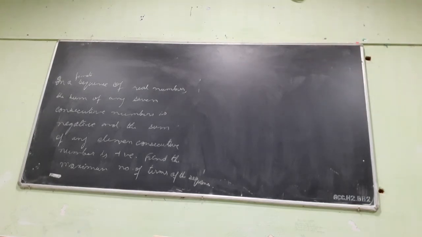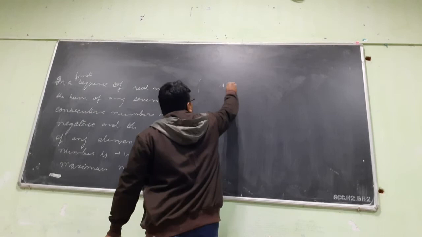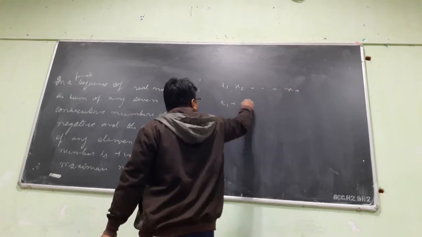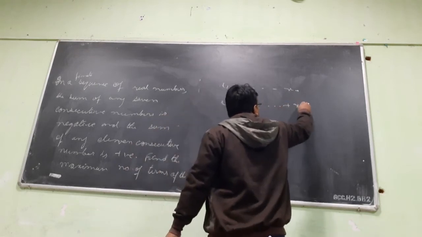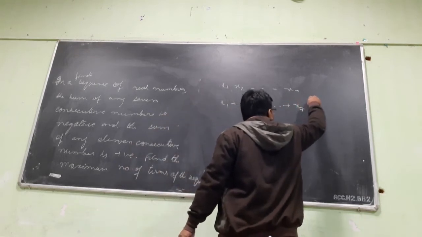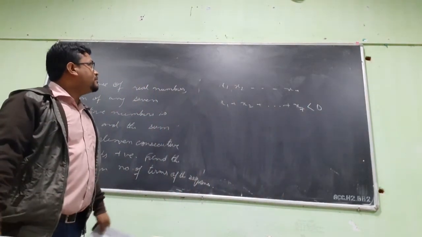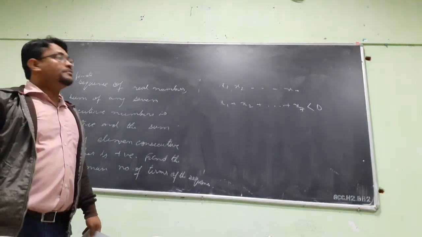In a finite sequence, let the terms be x1, x2 up to xn. So x1 plus x2 plus up to x7 is negative.